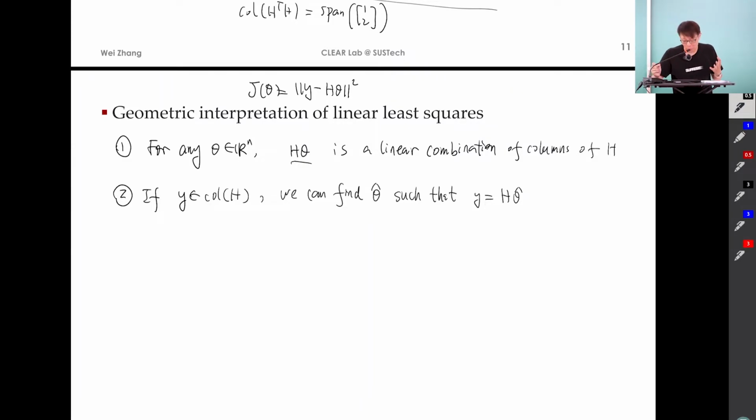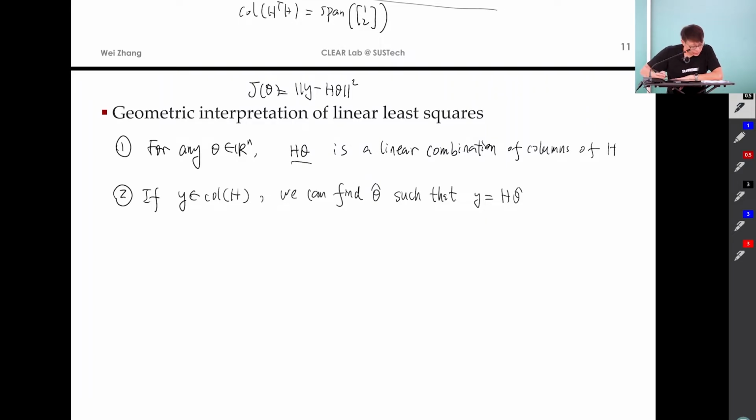Don't memorize any formula. If you say it like what I said, y belongs to the column space of H means y is a linear combination of columns of H, right? So y can be written as H times theta for some theta. That theta is the linear combination coefficient for y.